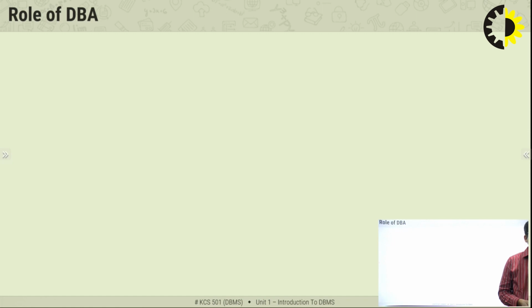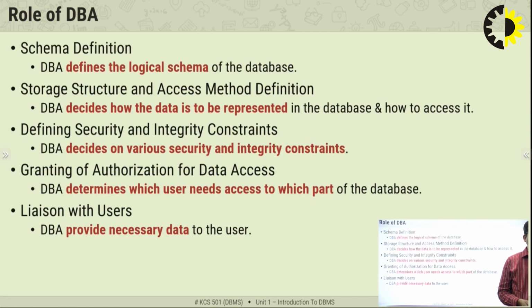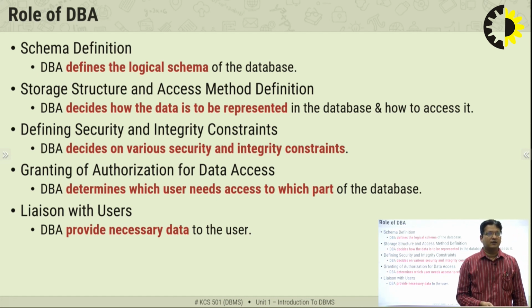All the users have their different functions. Next is the role of DBA. DBA is the person who has the central command over the database. He is the person who overall supervises the database. So DBA has the following roles. First, he defines the schema. He defines the logical schema of the database.